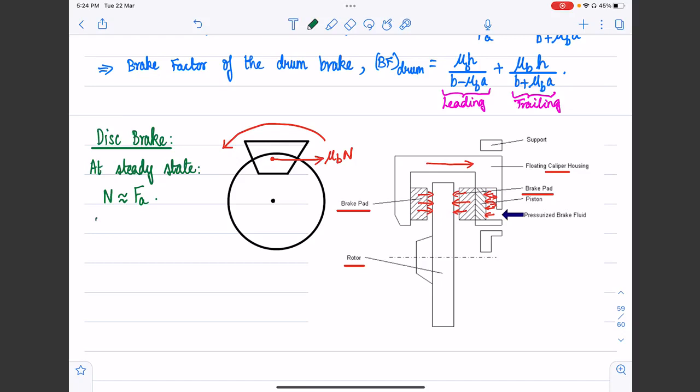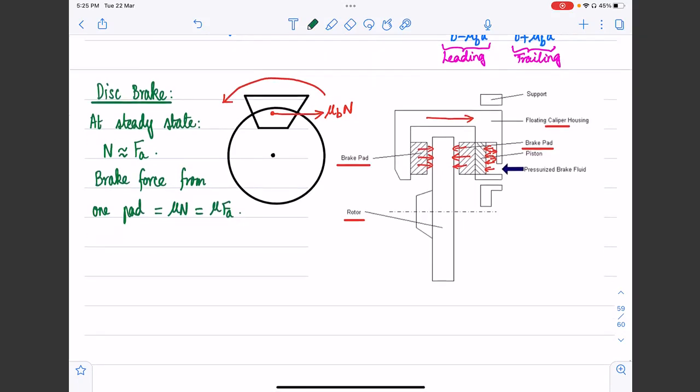So consequently, the brake force, the friction force, from one shoe or one pad is going to be equal to mu times N, which will be mu times F_A. So once again, we are doing a very lumped first cut analysis.